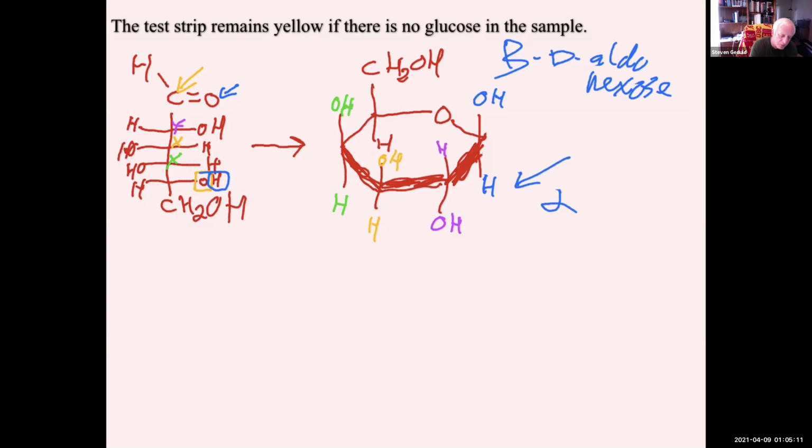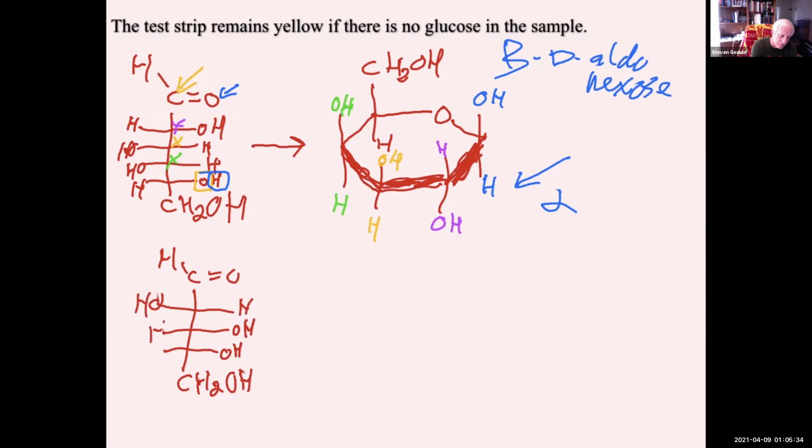Let's do another example. We'll do a 5-carbon one instead of a 6-carbon one. So let's put another aldehyde group up here. Put our OH, OH, OH, then hydrogens. This is 5 carbons.